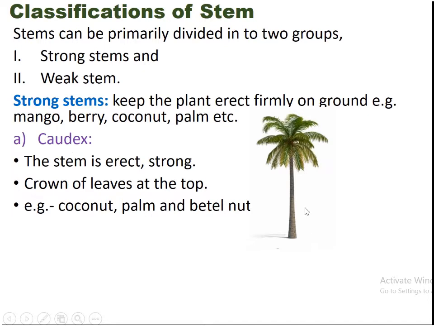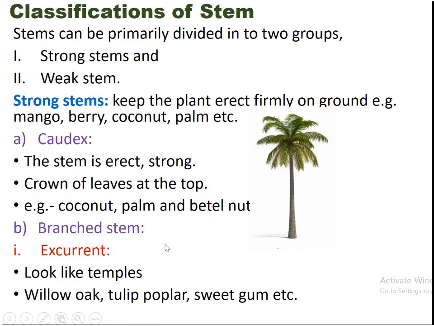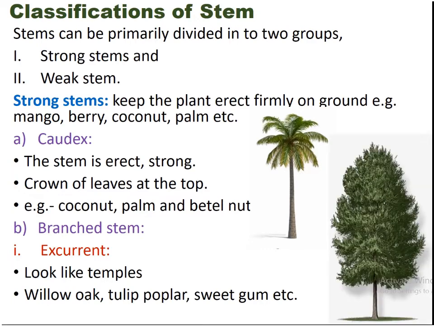Another type of strong stem is the branched stem, and interestingly, this branched stem has three different types. The first one is the excurrent. This type of stem develops branches in such a way that they become a cone like structure and look like temples. We had the figure of a willow oak, and also the tulip plant and the sweet gum.